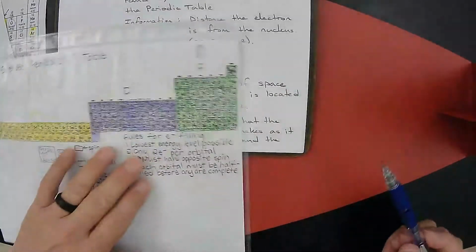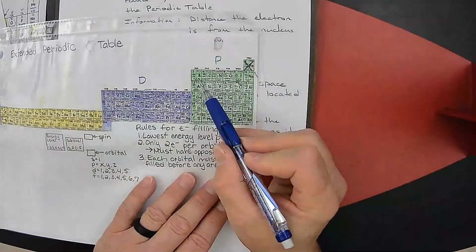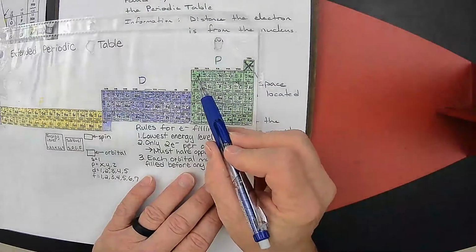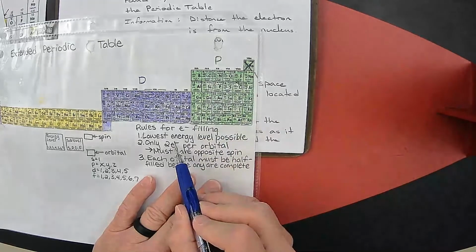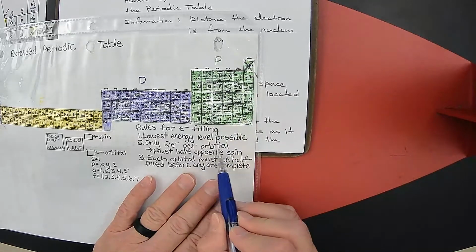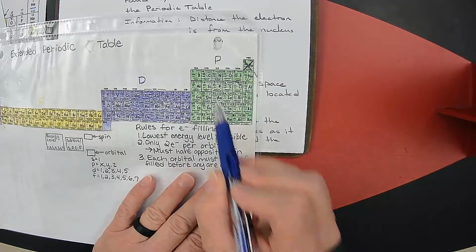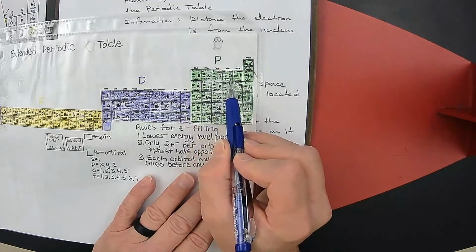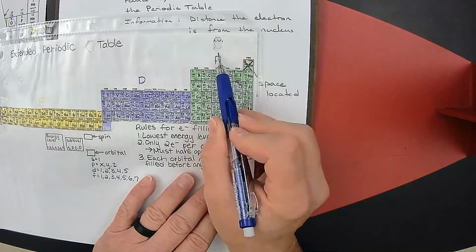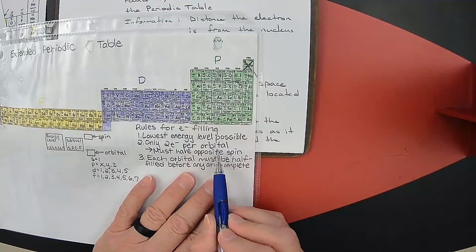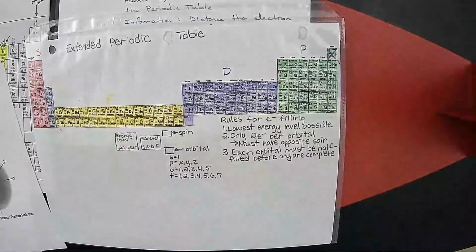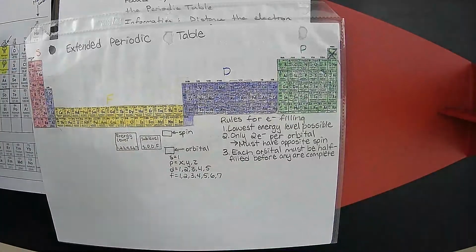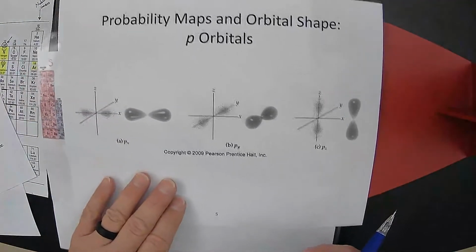But let's count the p's going across. When we count the p's going across, 1, 2, 3, 4, 5, 6. Well, if 2 electrons can fit into each orbital, and there are 6 electrons going across this p orbital, that means we're going to need 3 orbitals to fit all 6 of those electrons. So when we look at the p's, how many orbitals do we have?